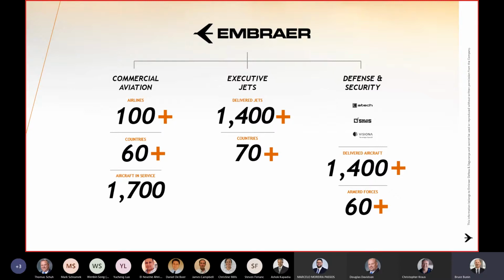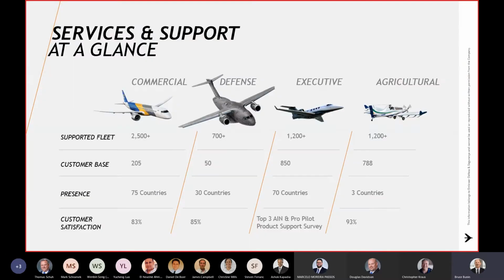Defense and security is also known for a set of additional companies that are either subsidiaries or partnerships, or what began as subsidiary product lines that were integrated into defense and security. Some of those are listed there, and I'll talk a little bit more about that.